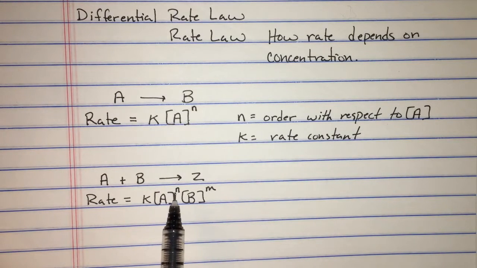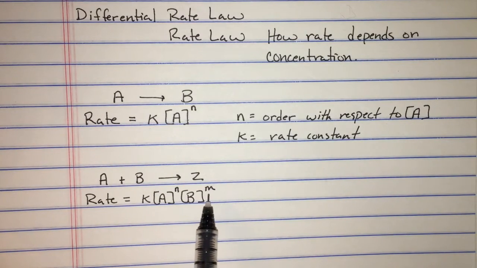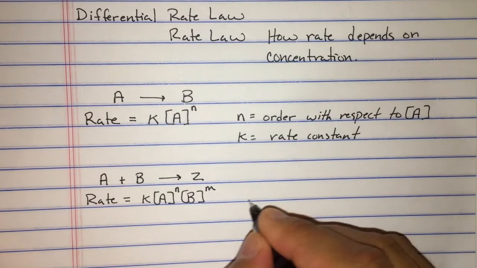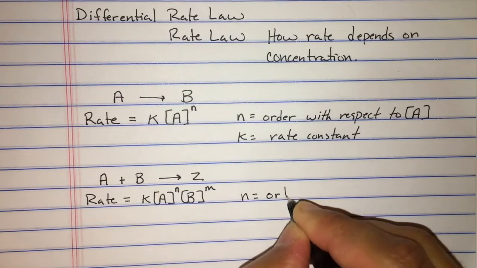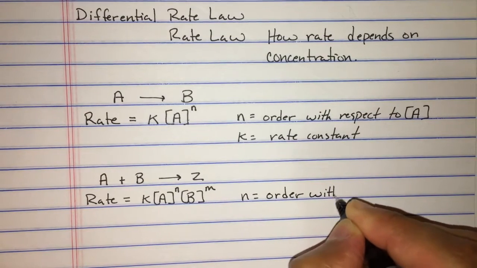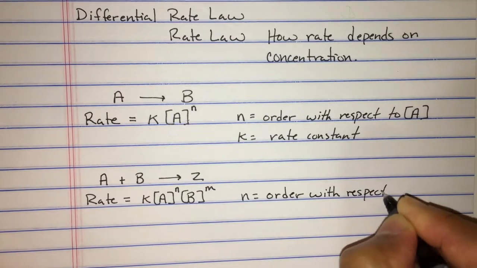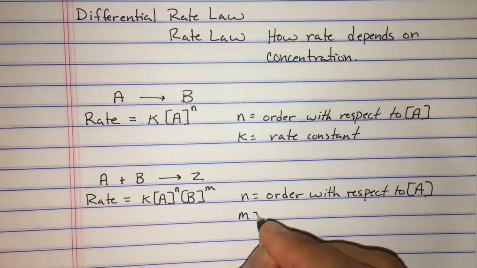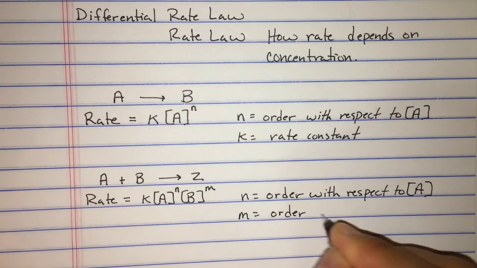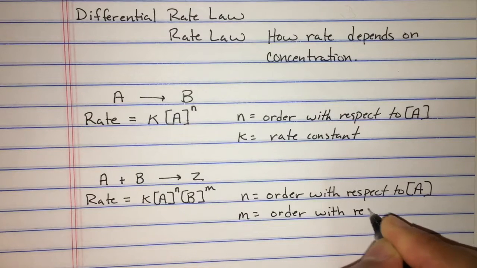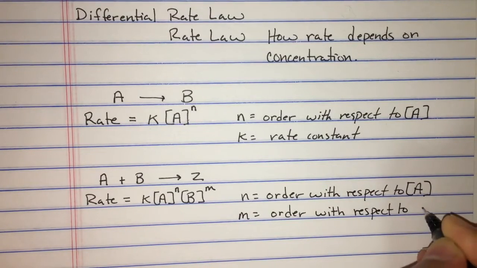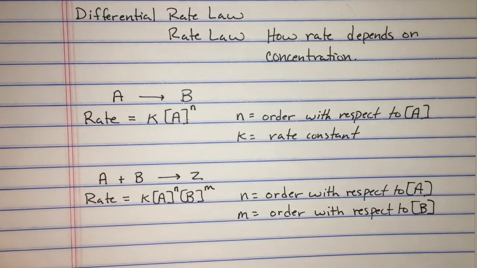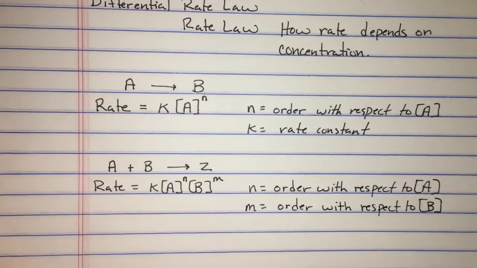N is the order with respect to A. M is the order with respect to B. Now, of course, there's two orders here.